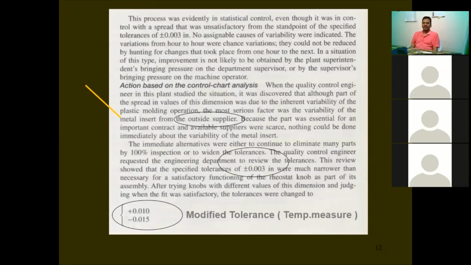They could not. The supplier said, over and above the supplier part profile, I was creating my injection molded parts. Now, very interesting case, they requested the design department to modify the tolerance, as plus minus 0.003 would not work out. From the actuals they gathered, they arrived at specification limits like plus 10,000, minus 15,000.